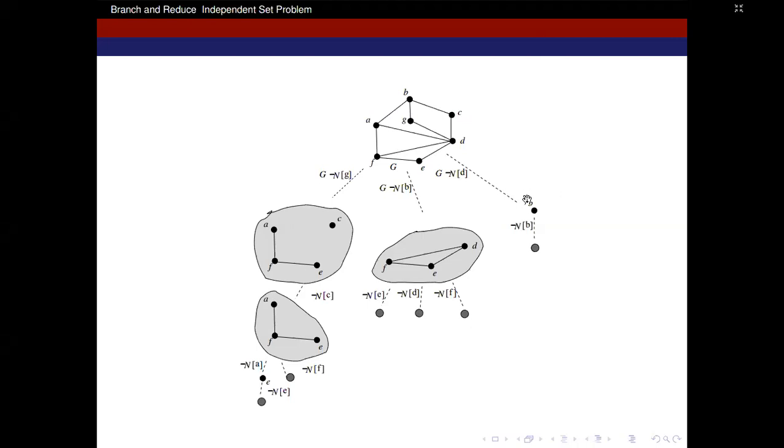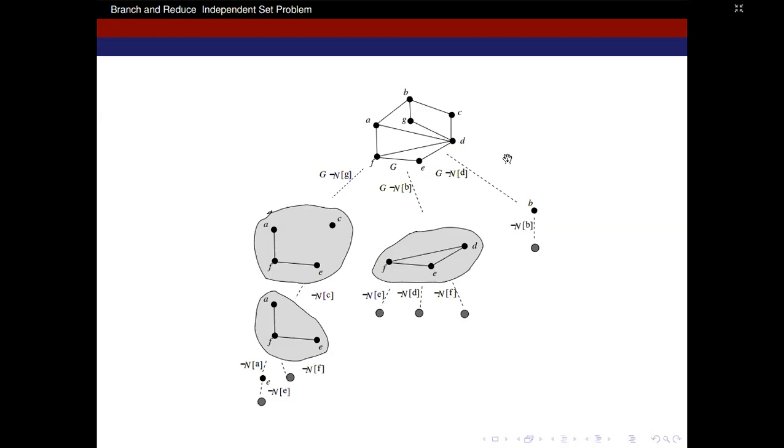For example, consider the rightmost leaf node and follow the path to the root. Here we have deleted the neighborhood of vertex B, and here we have deleted the neighborhood of vertex D. So B and D constitute an independent set of this input graph. Do you understand?